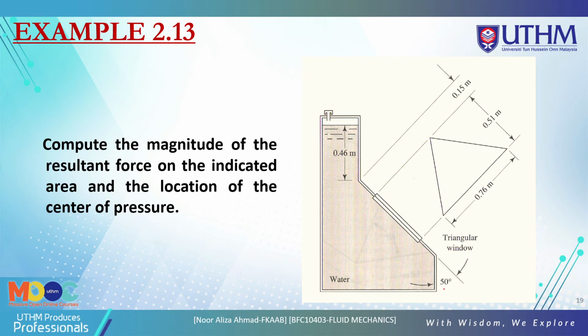Now we look at the other example, 2.13. Compute the magnitude of the resultant force, or hydrostatic force, on the indicated area, and the location of the center of pressure. The plane surface here is inclined.